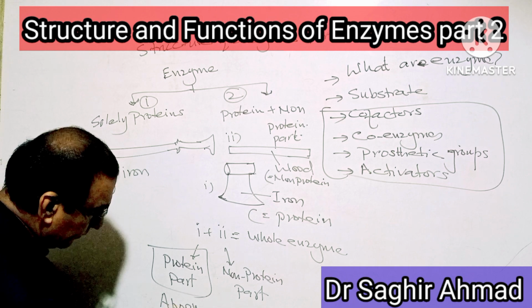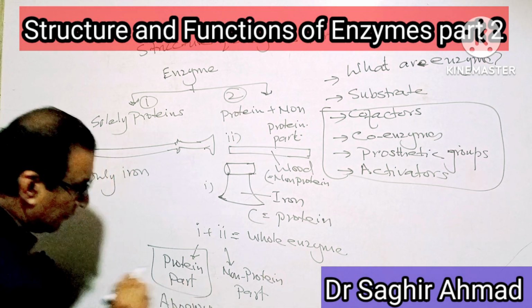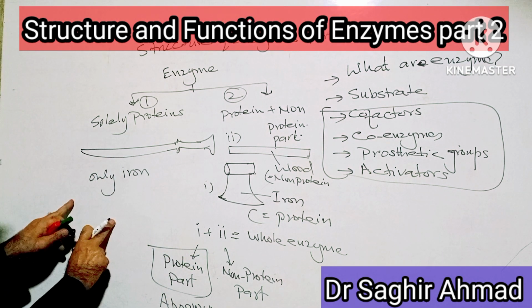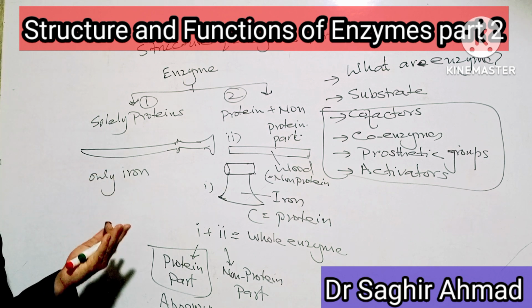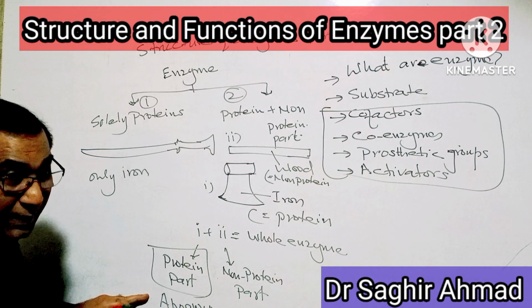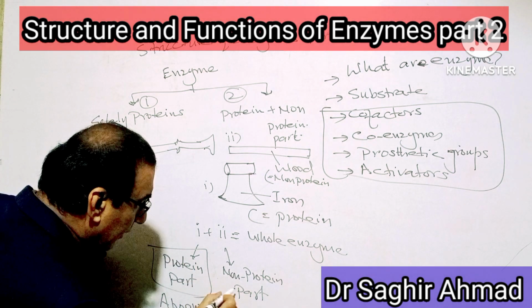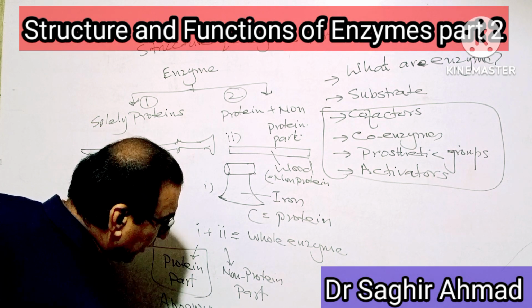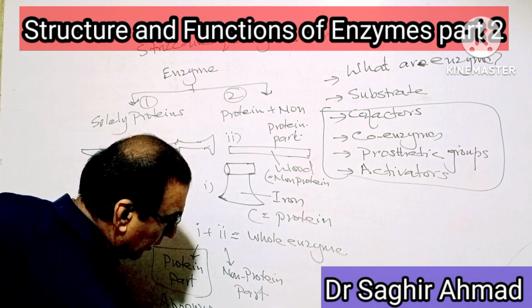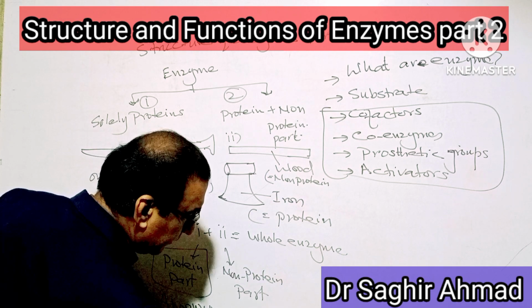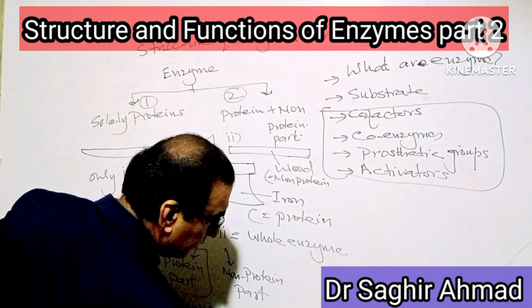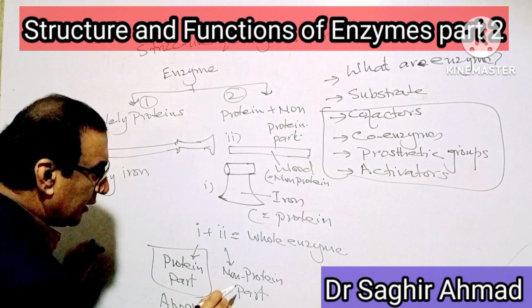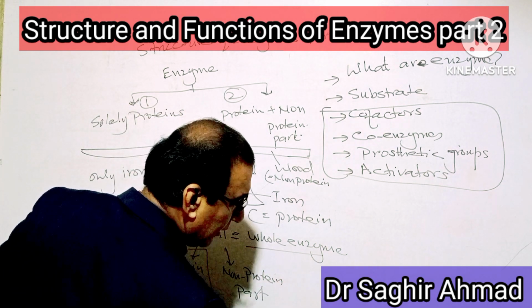Apoenzyme. In this case, this would be the enzyme. This is called apoenzyme. And apoenzyme plus non-protein part forms what? The whole enzyme. What? The holoenzyme.